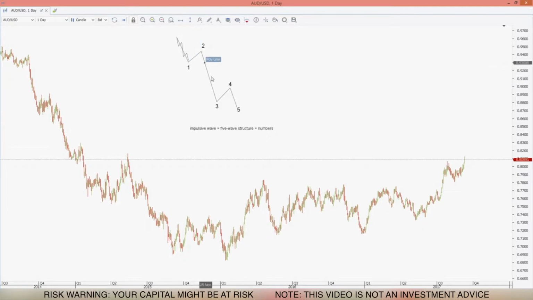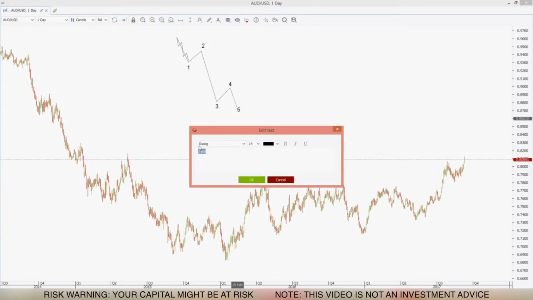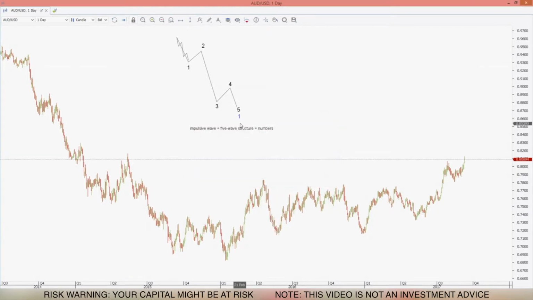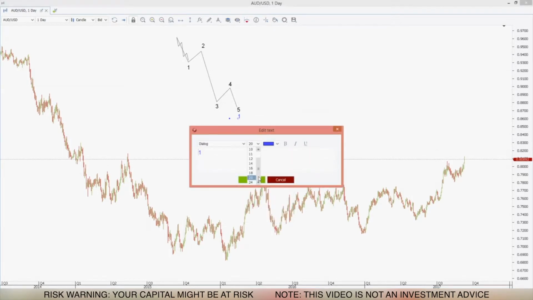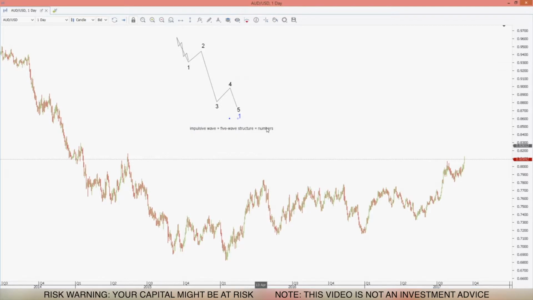And this 1, 2, 3, 4, 5 may very well be the first wave of an impulsive wave of a bigger degree. So let's make it bigger and of a different color. This would be the first wave of a bigger degree.